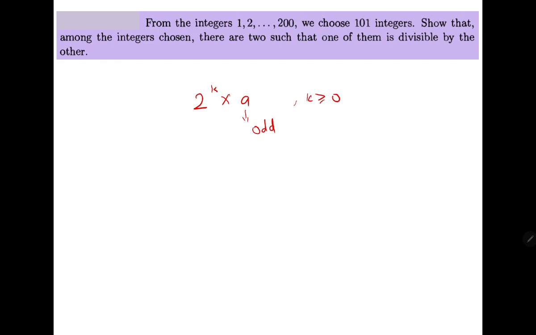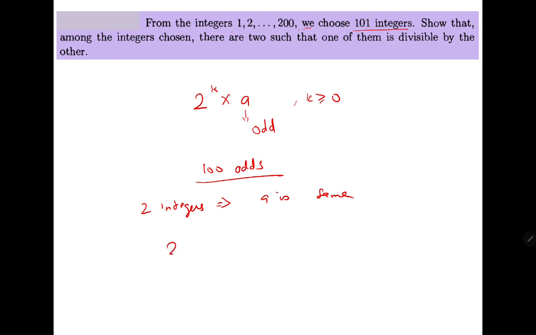Now think how you use the pigeonhole principle. You are choosing 101 integers, but among the numbers 1 to 200 there are only 100 odd numbers. It means there are two integers for which a is the same.